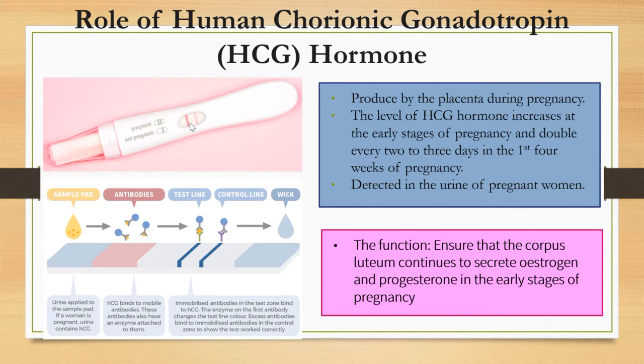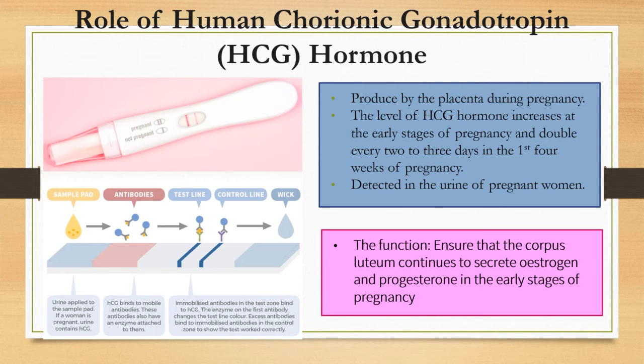So what is the function of the HCG? HCG is important to ensure that the corpus luteum... Do you still remember what the corpus luteum is? The corpus luteum is formed after the Graafian follicle releases the secondary oocyte.